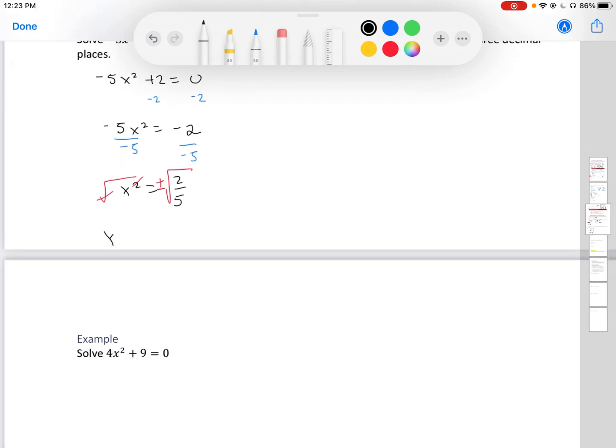And we're left with x is equal to plus or minus the square root of 2 divided by 5. So our answer is x is equal to the square root of 2 over 5 and negative square root of 2 over 5. You can punch this into a calculator to get an approximation.